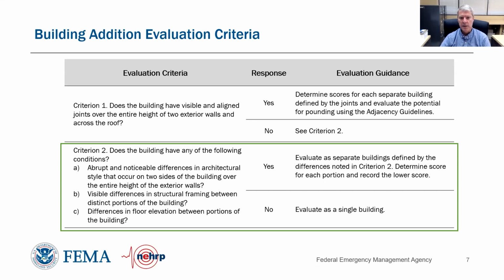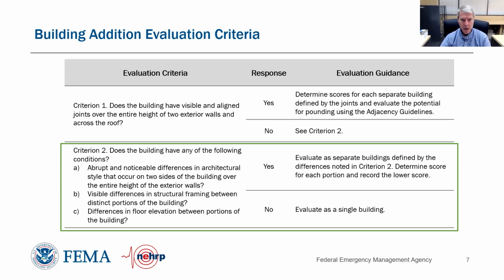Part B for criterion 2 says, do I have visible differences in the structural framing that I can tell between the two buildings? An example would be I can see a steel frame in one building, and the other building I know is concrete. Well, that's two visibly different materials framing those buildings, and so they're different, therefore two separate buildings.